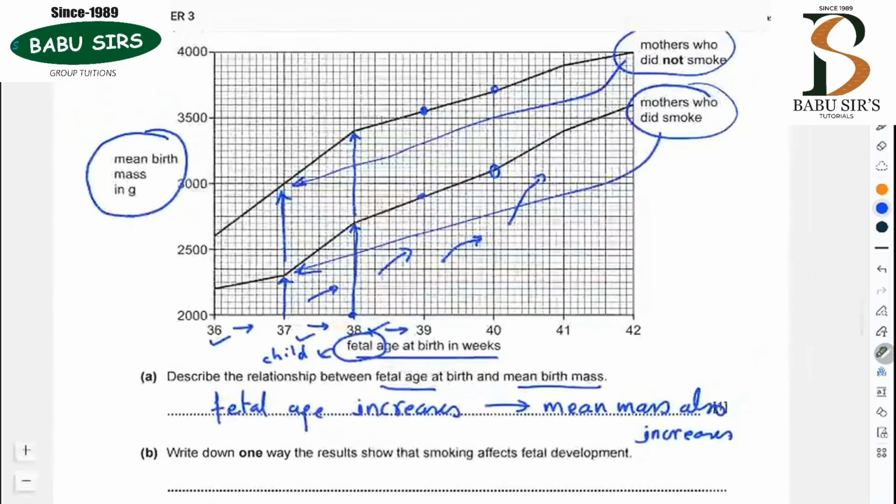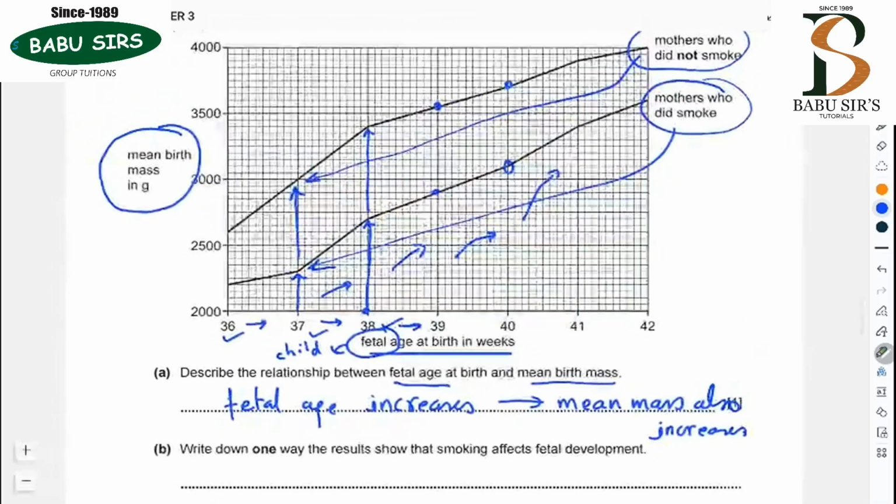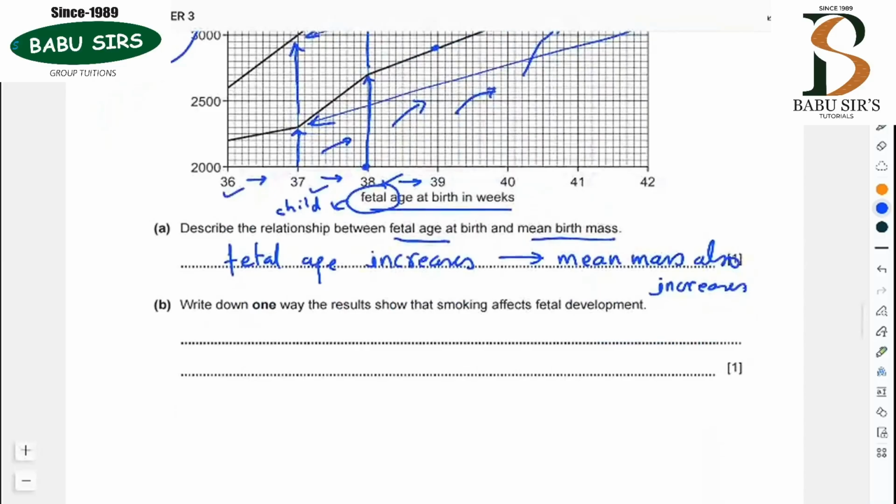So both are increasing in both the lines. But why are they showing all this graph? Because they just want to show that the mothers who don't smoke, their child mass is more.